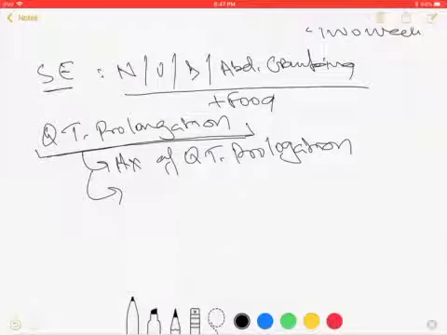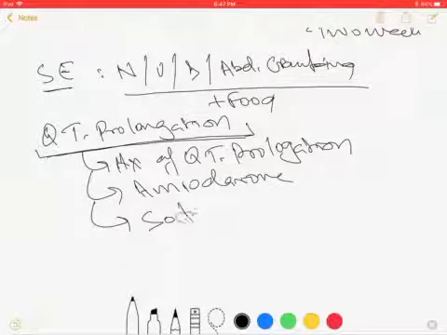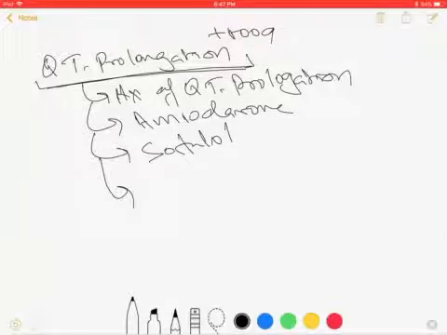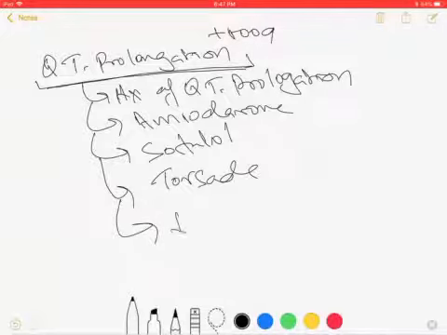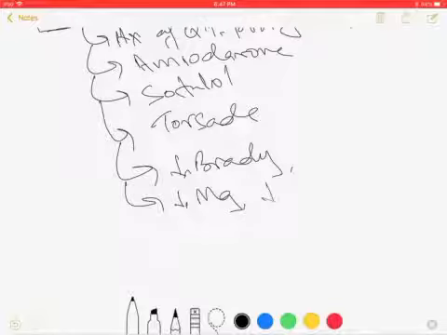who are on amiodarone, or any antiarrhythmic drug like sotalol, patients who have a history of torsades, patients who have a history of bradycardia, who have a history of hypomagnesemia, hypokalemia.